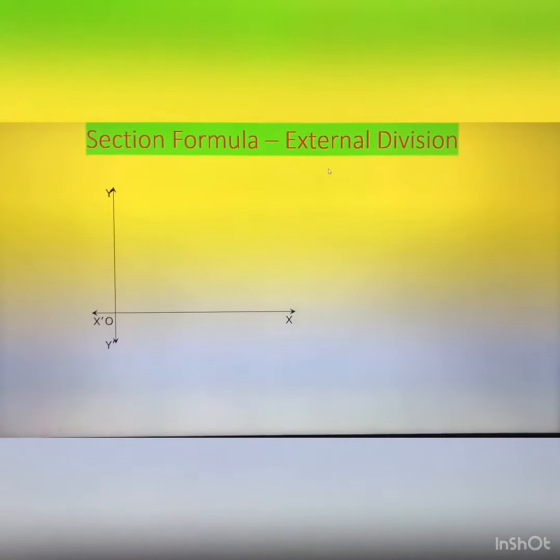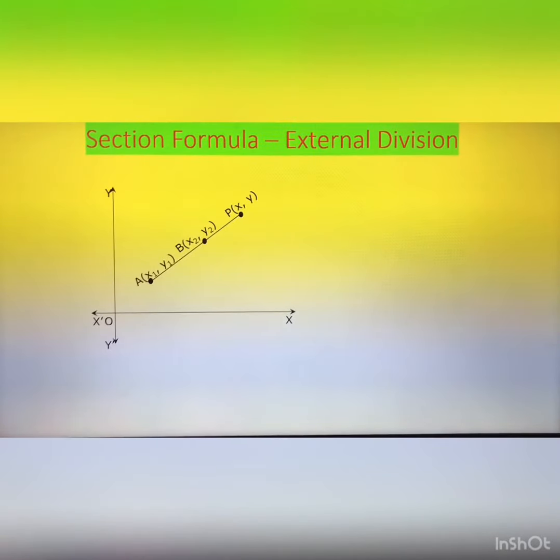Now external division. What do we mean by external division? It means that if a line segment AB is given, then point P lies just outside of this line segment AB.